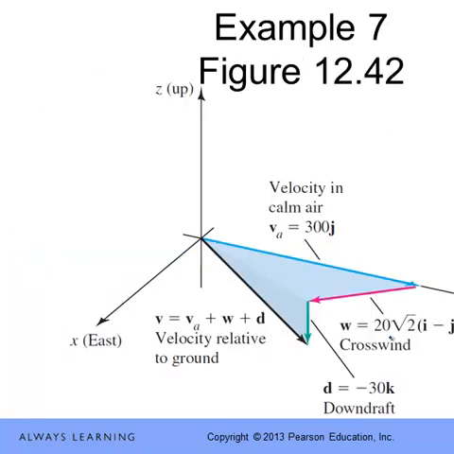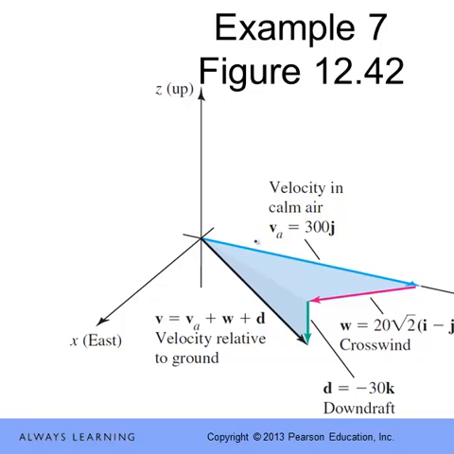Just like we did with the canoe problem from section 12.1, we can take vectors and use them to analyze motion in 3 dimensions. So, for example, we have this plane flying through the air, and let's just suppose for this example that this plane is flying at 300 knots north.